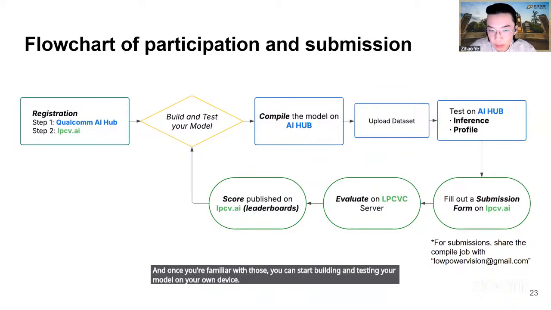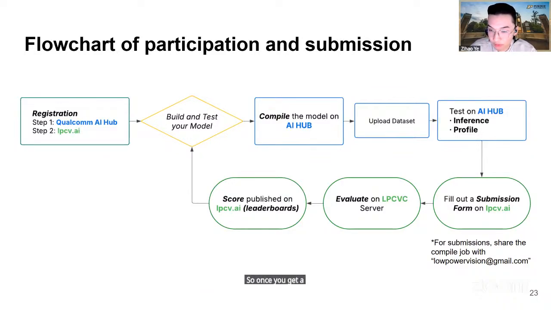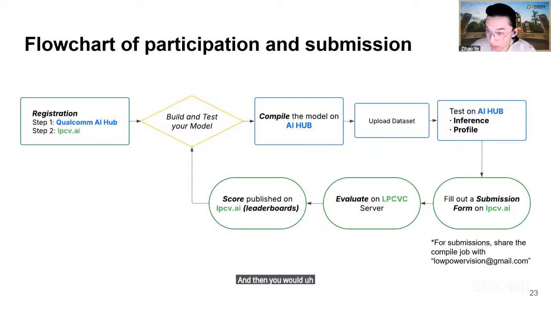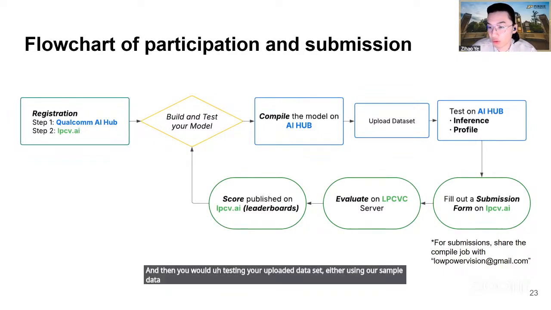So once you get a model ready on your own device, you have tested and run it locally, you can move on to AI Hub and upload your model and do some testing on AI Hub. So the first step will be uploading and compiling your model on AI Hub. And then for testing, you would upload a data set, either using our sample data set or use your own training data set.